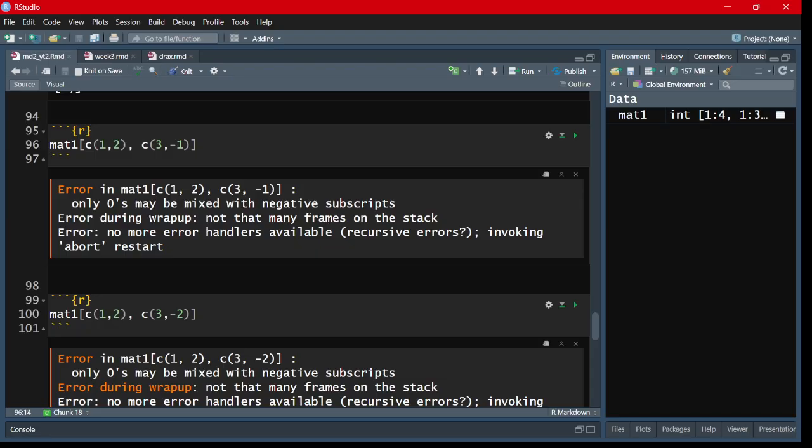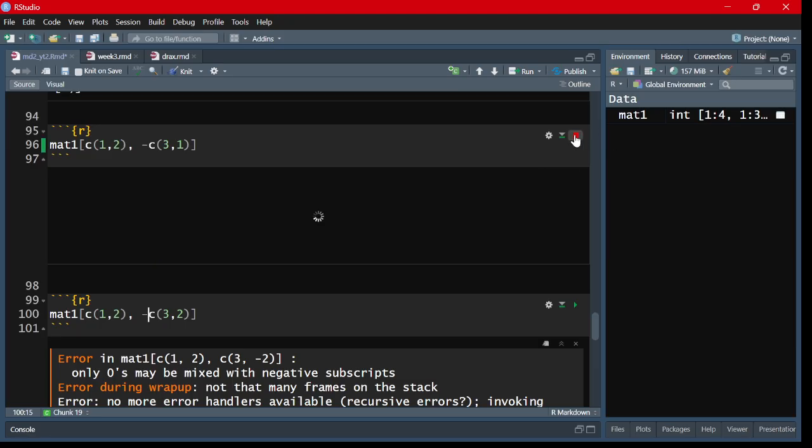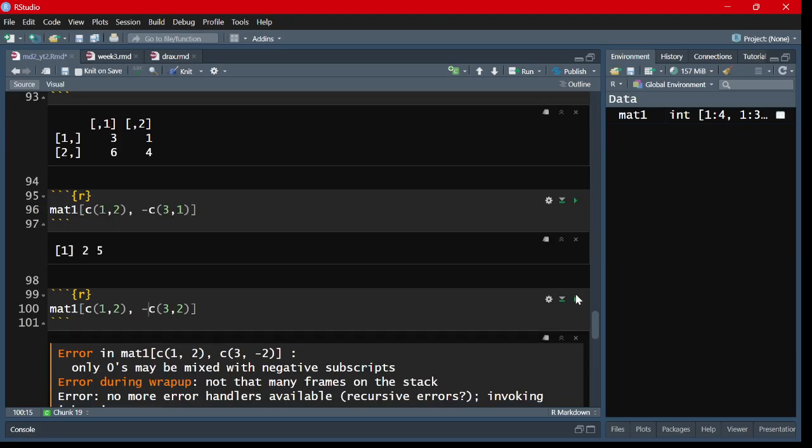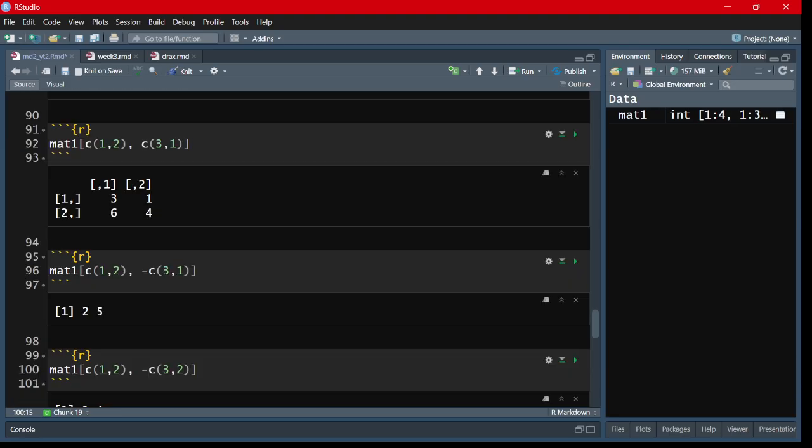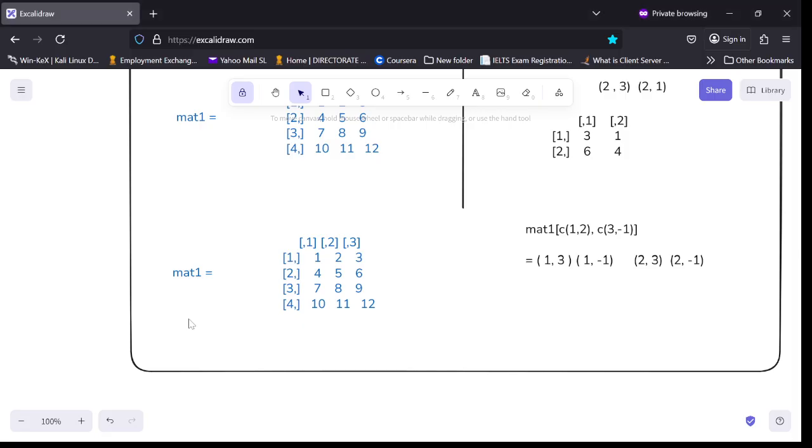To correct it, we can do one thing here: let's put a minus before this C and run it. Definitely we will have some values here. For this case, this is an error, because it is very complex to determine that for 1 minus 1 we have to remove this, but we are getting only 3 here. That is a big problem.